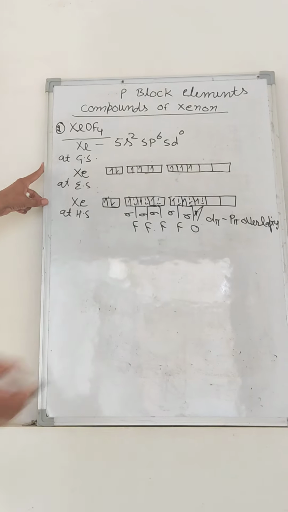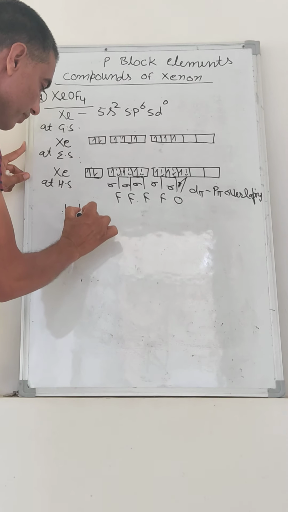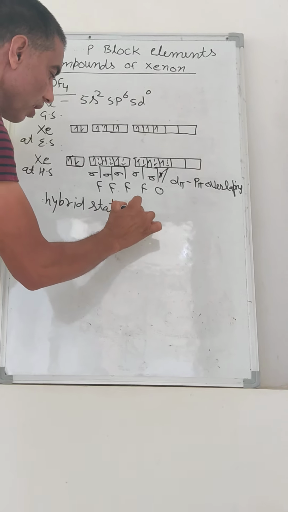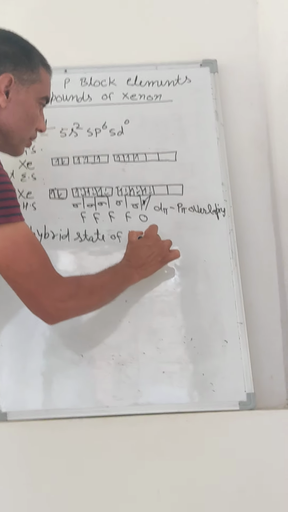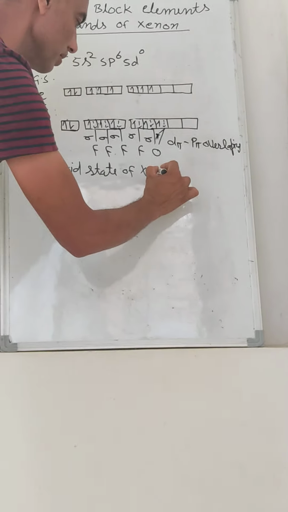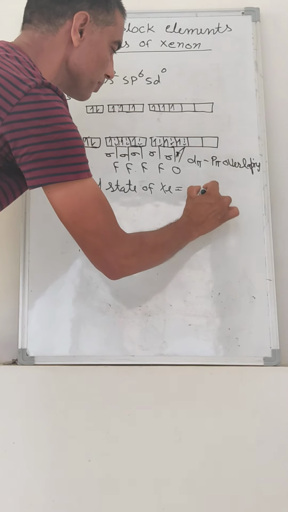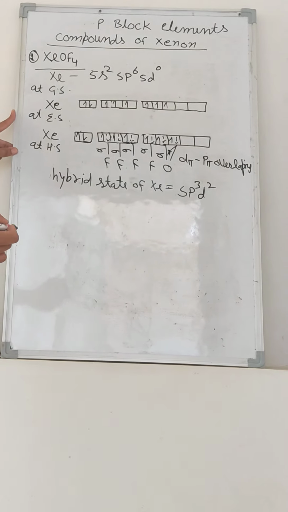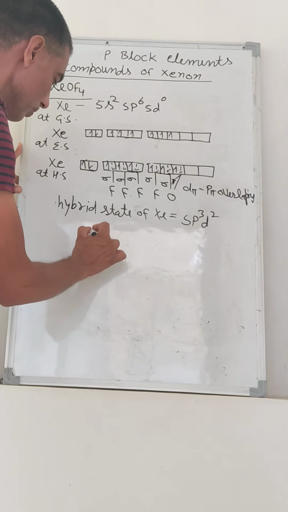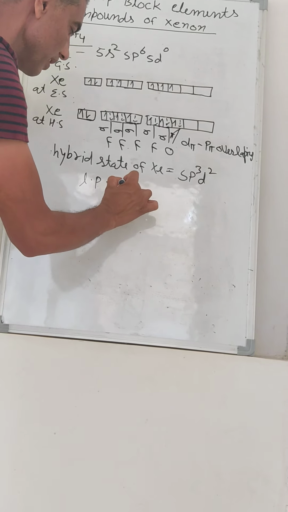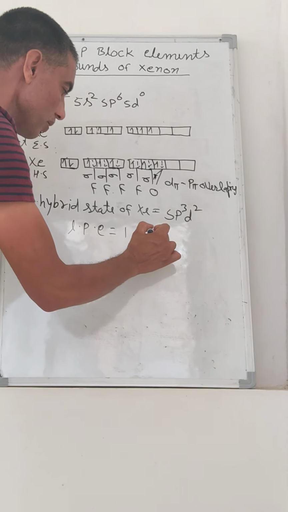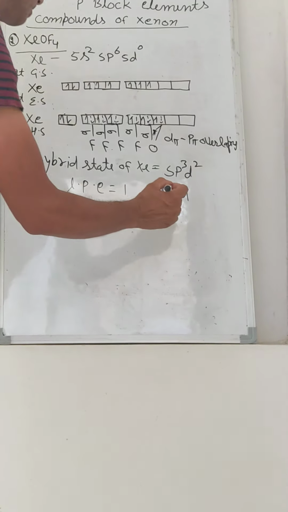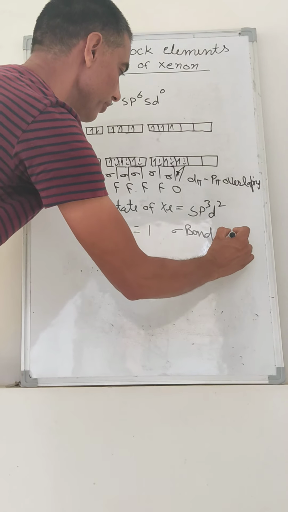And the hybrid state of xenon is sp3d2. The lone pair of electrons is equal to 1. Number of sigma bonds is equal to 5.